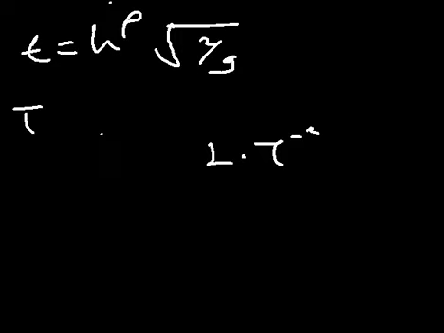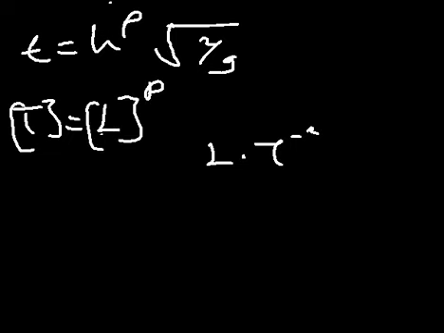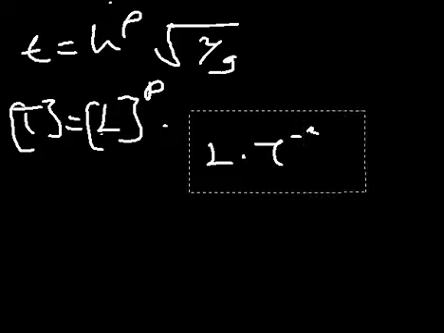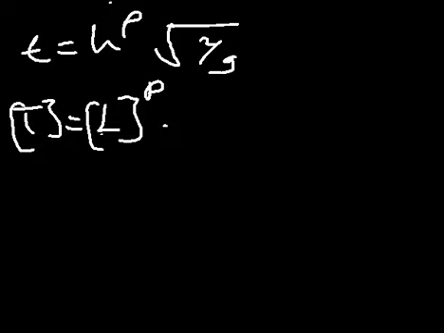So now we'll have T, the dimension for the period, which is time, equal to L to the power p times the dimension for acceleration due to gravity, given as this.